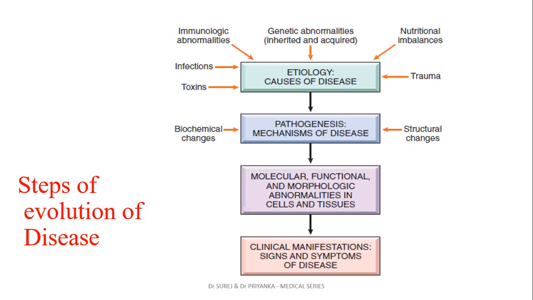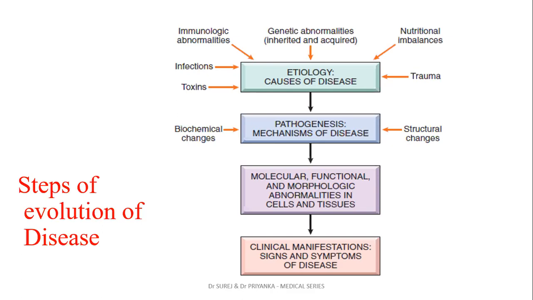It may be biochemical changes and also structural changes. From this, it enters into the molecular, functional, and morphological abnormalities in the cells and tissues, which simultaneously give rise to signs and symptoms of disease. So when we are studying pathology regarding a disease, these are the factors we should keep in mind.